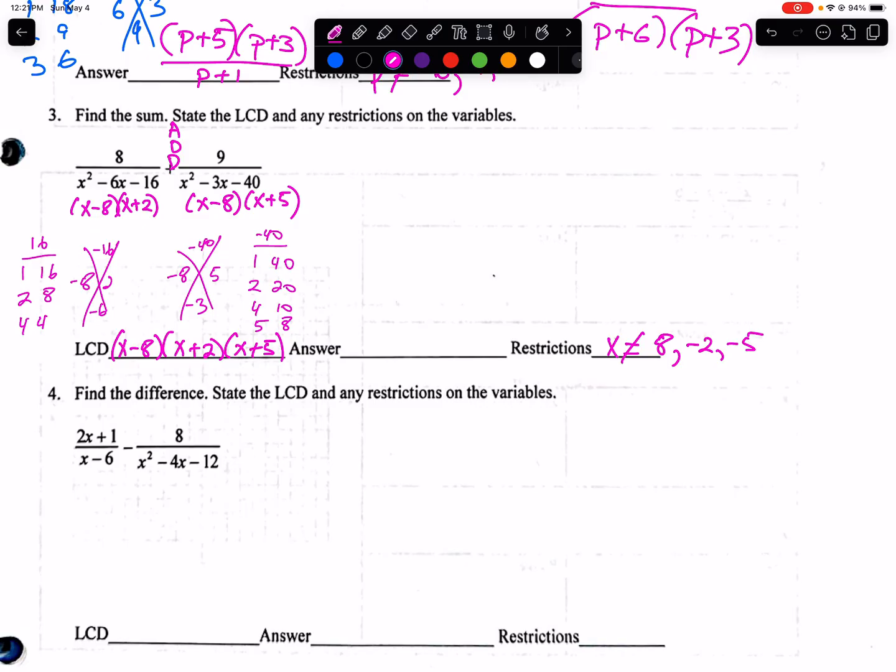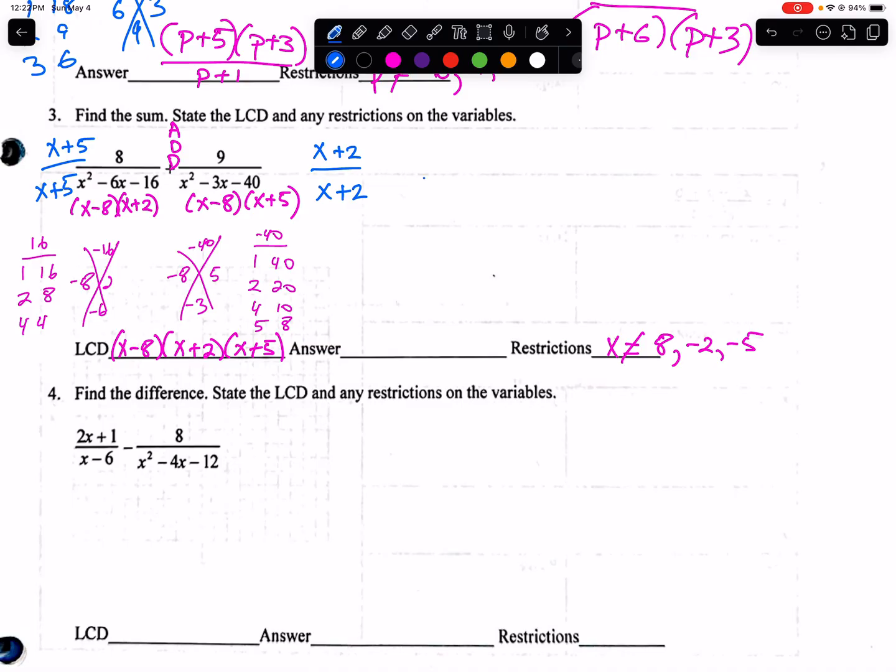You multiply 8 over x minus 8, x plus 2 by x plus 5 over x plus 5. And then plus 9 over x minus 8, x plus 5. And then you multiply that by x plus 2 over x plus 2.